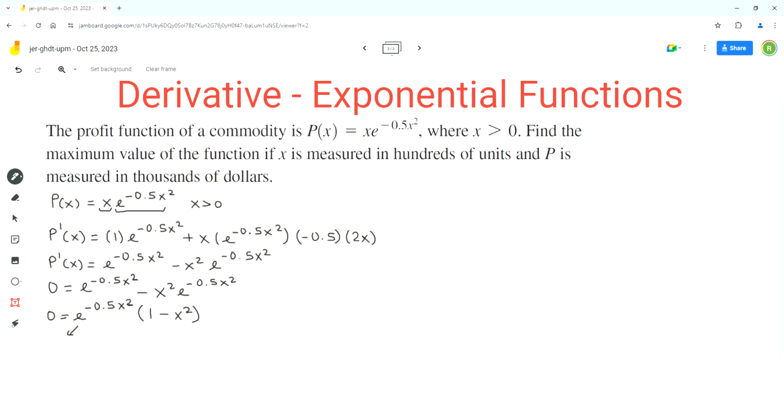So the first case is: this is an exponential term and the variable x is in the exponent. So there is no x value that will make the left side equal to 0. As a result, this case has no solution.